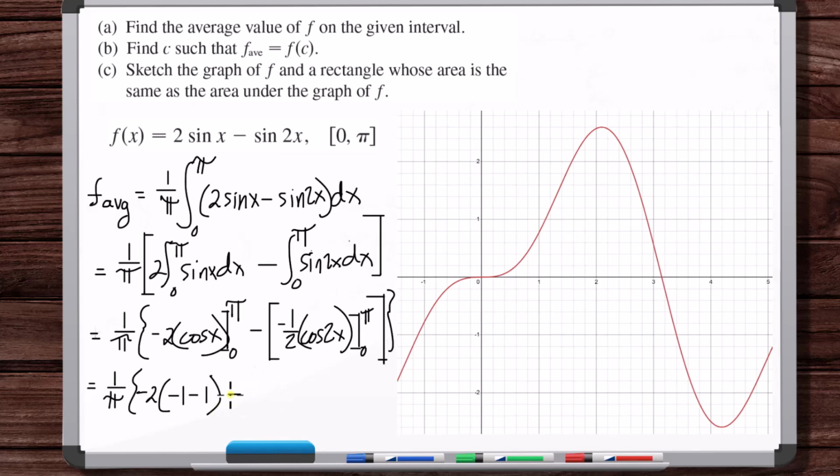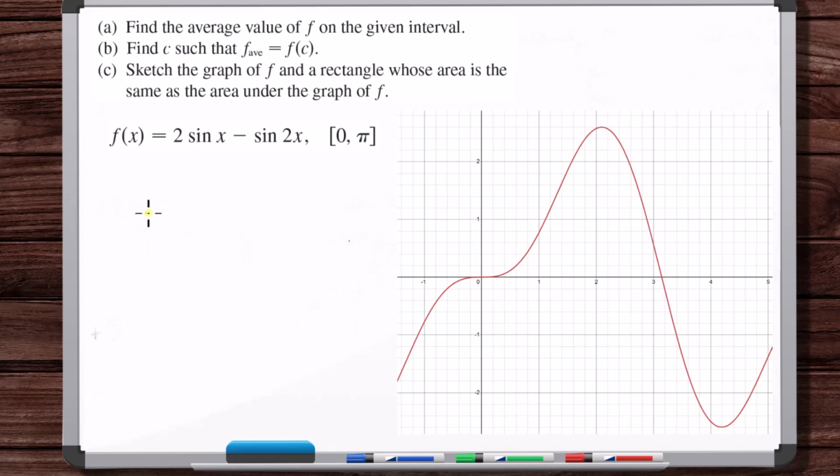Minus, so we can take out the 1/2 here, plus the minus 1/2, and then we've got cosine of 2 pi is 1 minus cosine of 0 is 1. Okay, so minus 1 minus 1 is minus 2. Minus 2 times minus 2 is 4. And then this goes to 0, so it's 4 over pi.